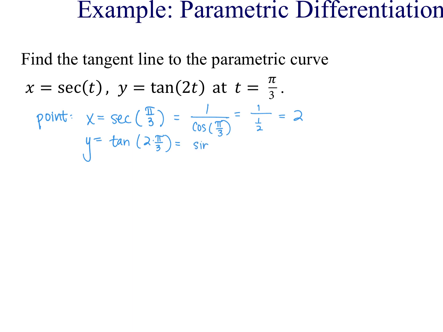That'll be the sine of 2 pi thirds over the cosine of 2 pi thirds. One of those has to be negative because we're in quadrant 2 this time. Again, this is personal preference. I envision a unit circle in my brain. When I go to sine of 2 pi thirds, I put myself into the second quadrant, and I know that is rad 3 over 2, and the other one is negative 1/2, which would simplify to negative rad 3. So that gives me my point.